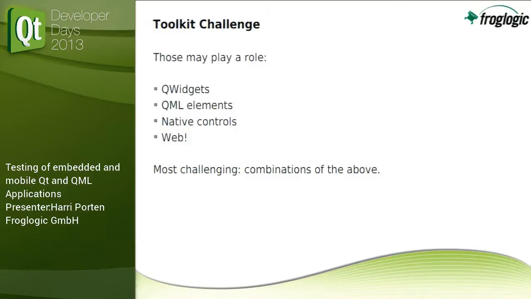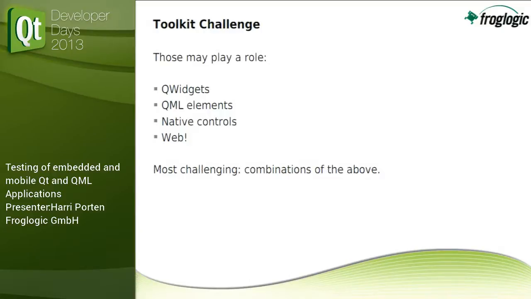Now, there's also a challenge with the toolkit itself. Even if we're just talking about Qt only, there's the traditional QWidgets world. There's the new QML world. It's already hard to compare from a testing perspective.